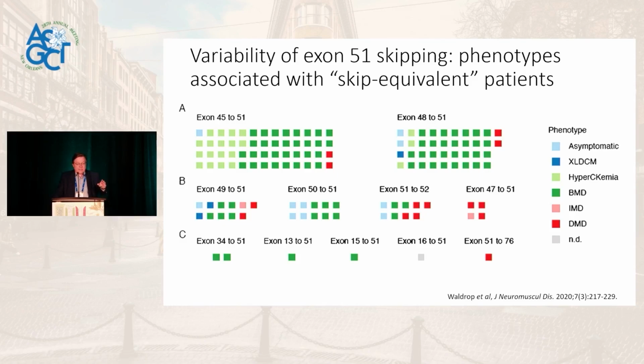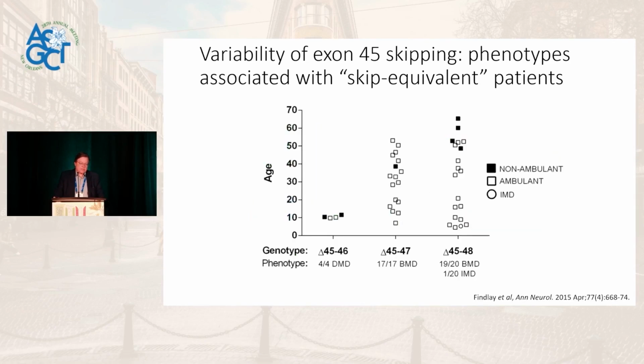But we can say that we can predict that certain genotypes are associated with relatively mild outcomes, and we should keep that in mind. A more dramatic example of this is actually from exon 45 skipping. These are observations from a database of, at this time, about 1,200 patients, all of the ones that had the same outcome potentially as exon 45 skippable patients.